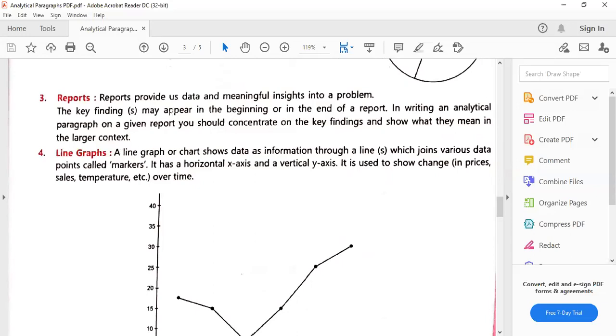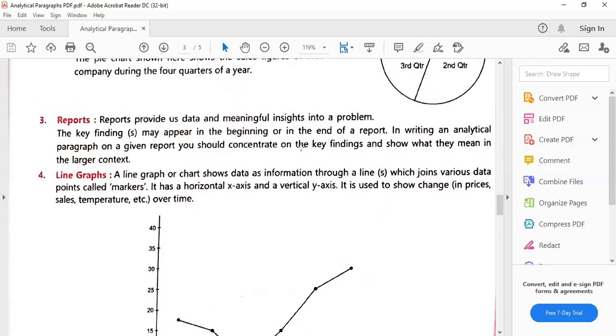The key finding may appear in the beginning, or it can be given in the end of a report. So in writing a paragraph on a given report, you must concentrate on the key points. What are the important points given, which problem is discussed, and what important points are given there.